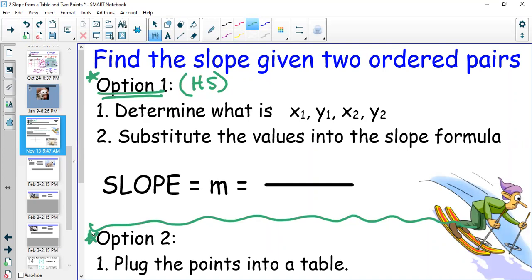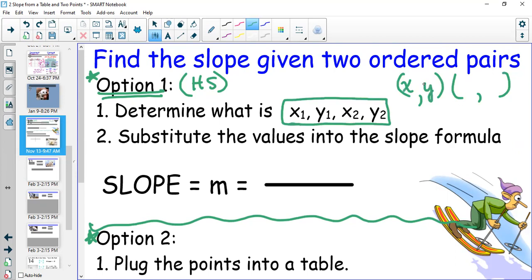Okay, so option 1 is determine what these are in the problem. There are going to be 2 points. And when I write a point, I always write a point as x comma y. If I have 2 points, I have another x and another comma y.